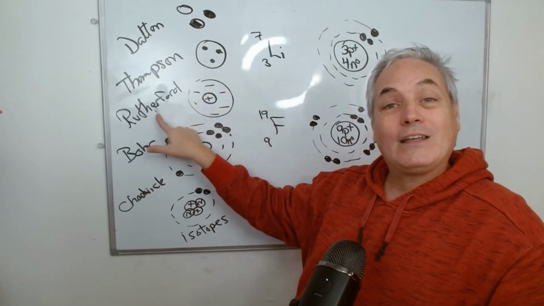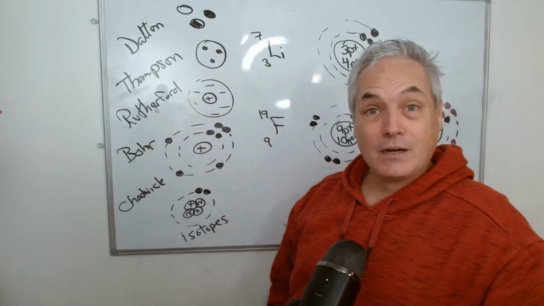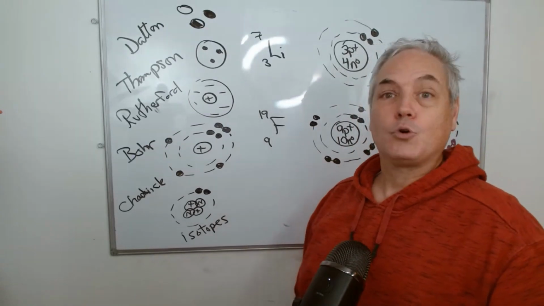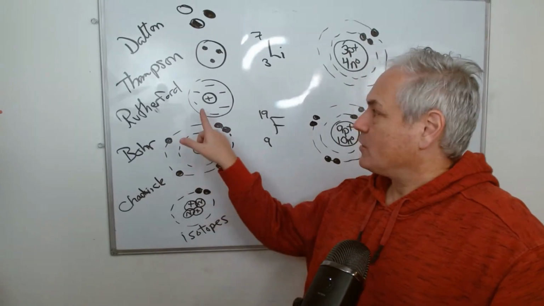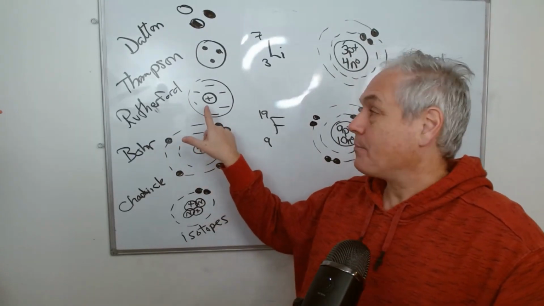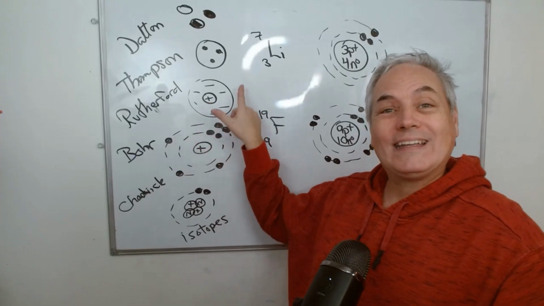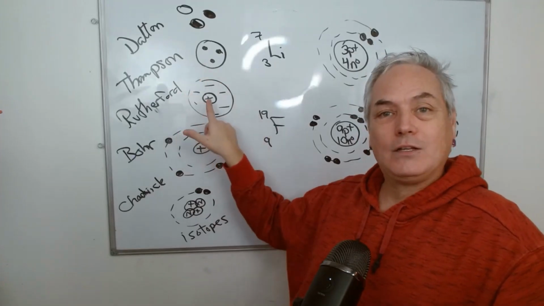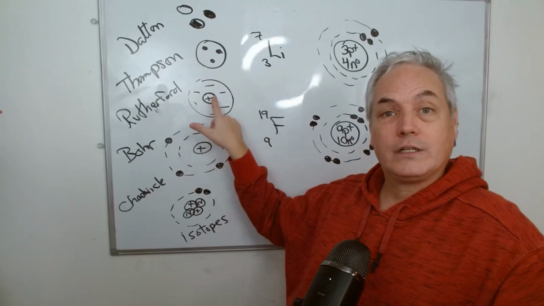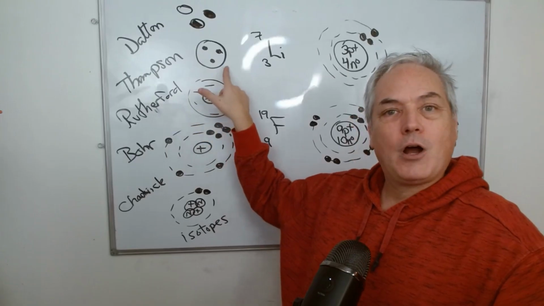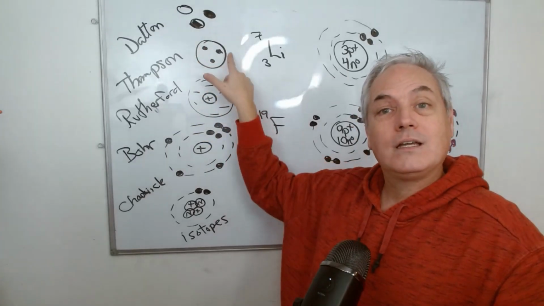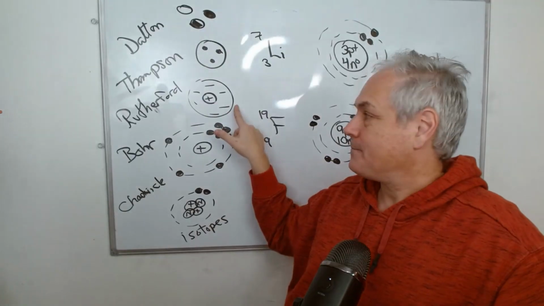Then we have Rutherford. Through his experiment with protons and gold leaves, he realized that a particle has most of its mass in the nucleus in the middle, but also has electrons moving at the speed of light all around the nucleus, keeping in mind that we have particles from previous ideas of what matter is.